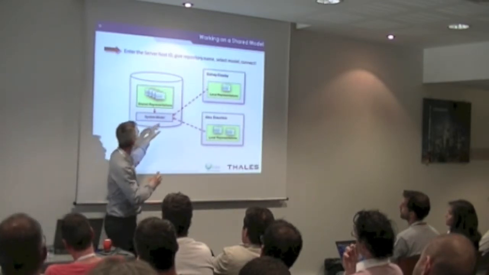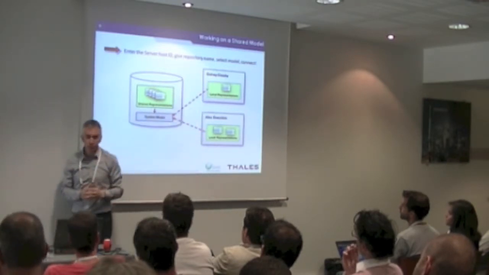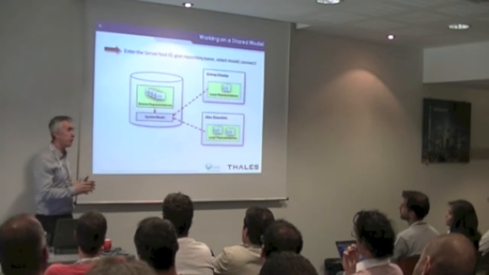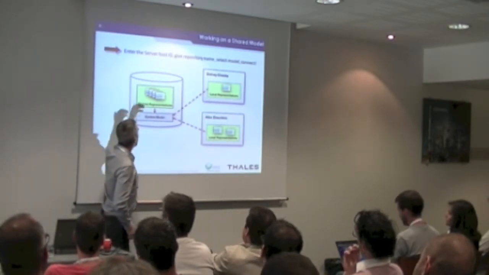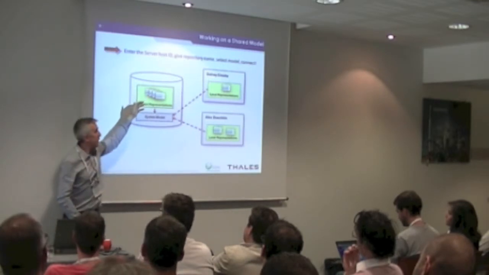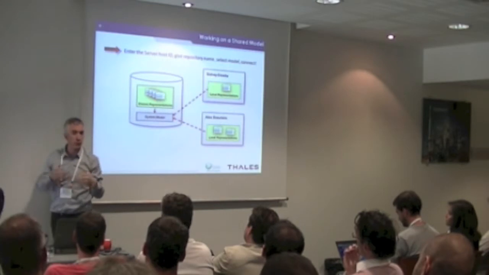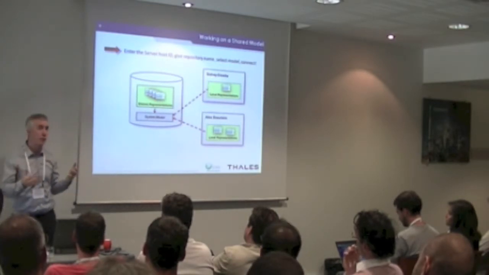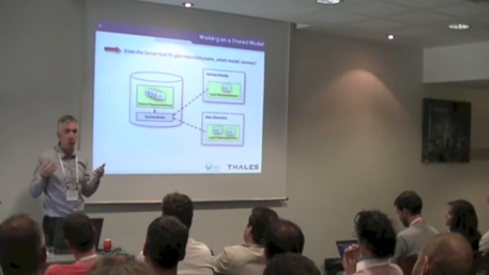You cannot have a part of the model which would be on one of the clients. But for the representations, the diagrams and so on, we can have shared representations, and we can also have local representations, so local diagrams. For example, if I have started to work on a diagram, it's a draft. Maybe it's even a working diagram.